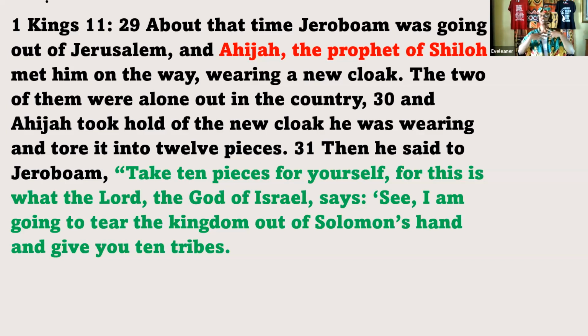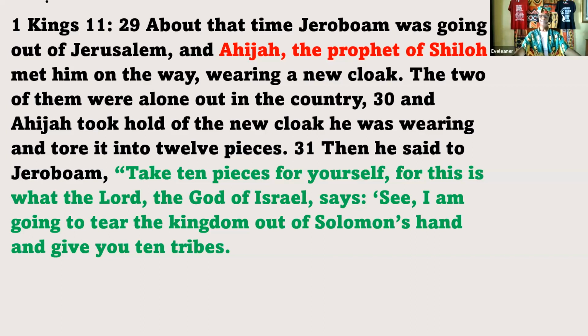It was like it was new. He took it off, and he just ripped it up into 12 pieces. Then he said to Jeroboam, take 10 pieces for yourself, but this is what the Lord, the God of Israel, says. See, I am going to tear the kingdom out of Solomon's hand and give you 10 tribes.